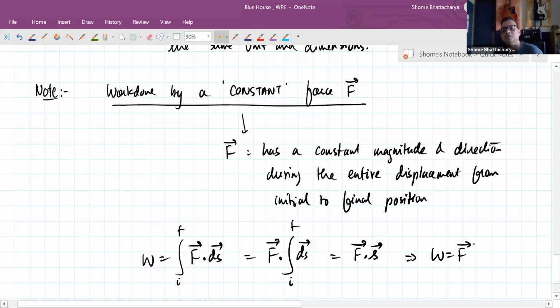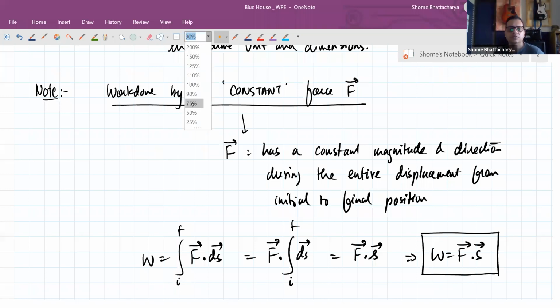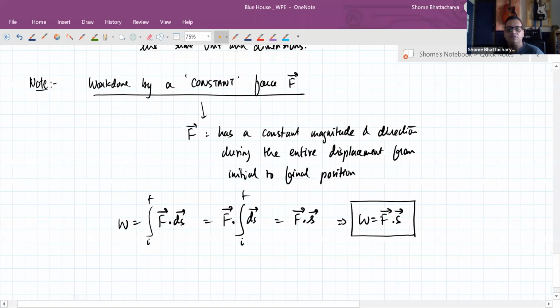In fact, this is the definition that you would have learned at the 9th-10th level, that it is force multiplied by displacement in the direction of force, which we'll understand by the vector definition of dot product also, that it is force into the projection of the displacement along the force. We'll come back to that, but note down this first. So when the force is constant, the definition is much simpler.